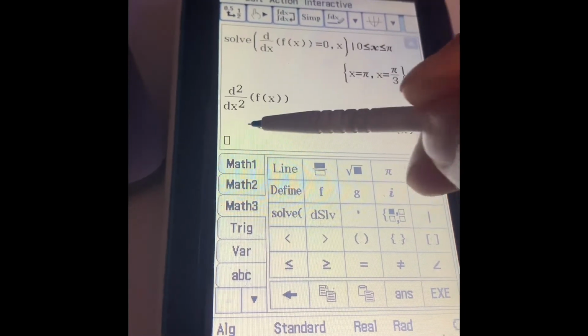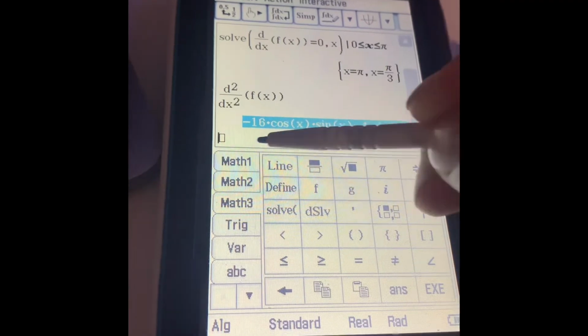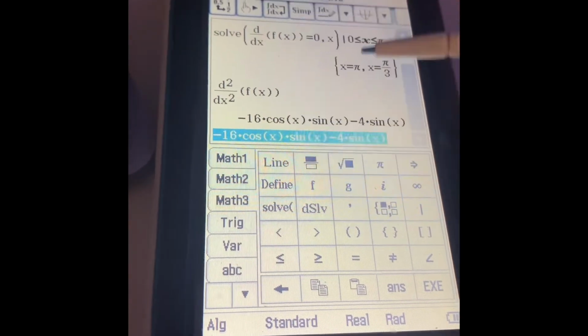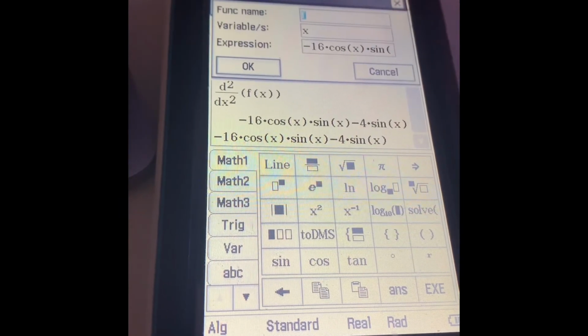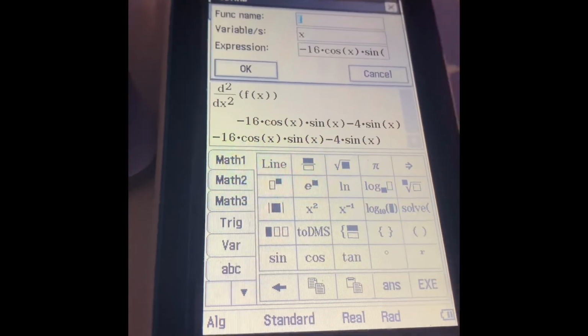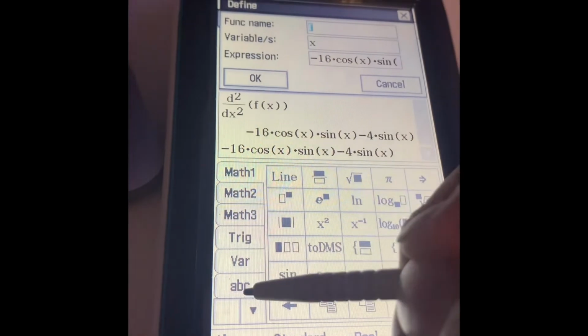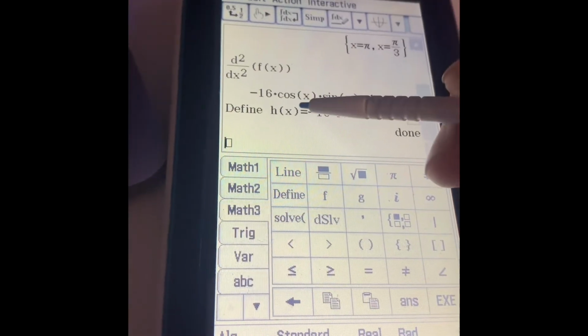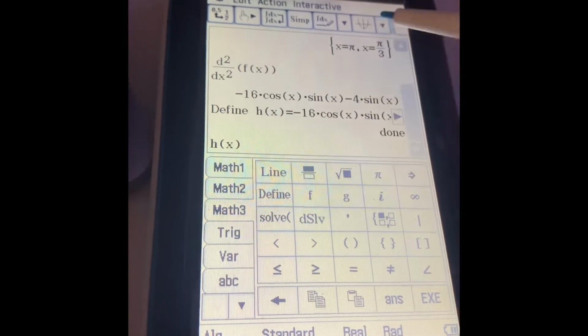Okay, and then we get the whole thing, we copy this down, and then we want to define it. So remember, don't define f(x), don't use f, because you already have f(x). So let's use another letter, let's use h. Okay, so h is this one, the second derivative.